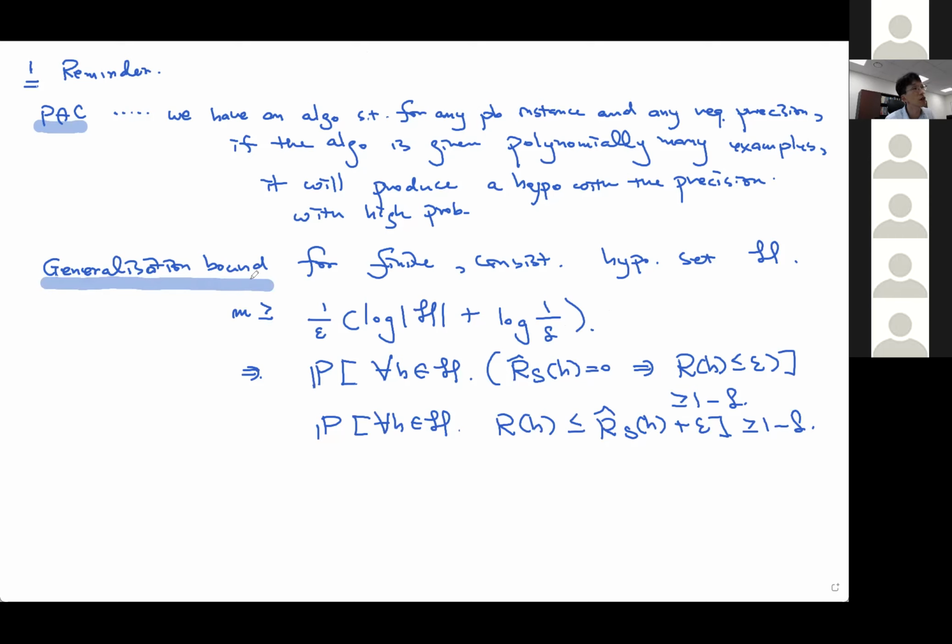In such a situation, we cannot really find a hypothesis H with very small error, because there may be inherent limits on how much we can reduce the error. So to cover such a case, we were in the middle of discussing the more general version of this theorem, which also applies to the consistent hypothesis set as well.